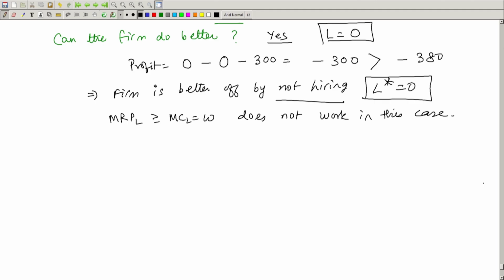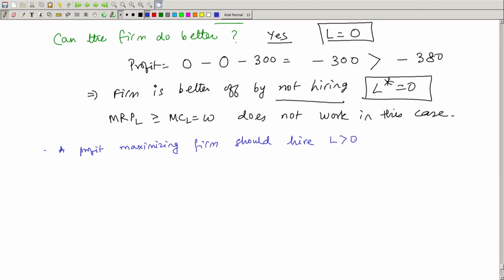So, let us think of a firm which is hiring L. A profit maximizing firm should hire some positive amount of labor, right. See, nobody is forcing me to hire some amount of labor.